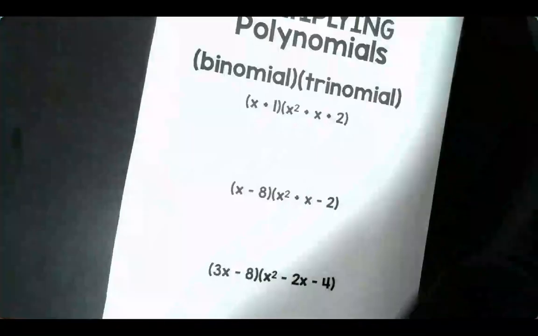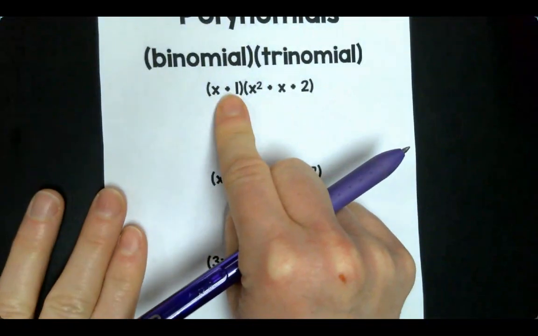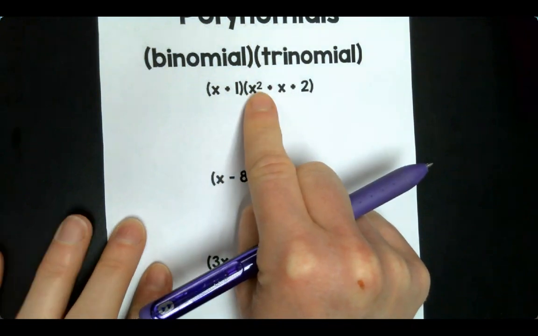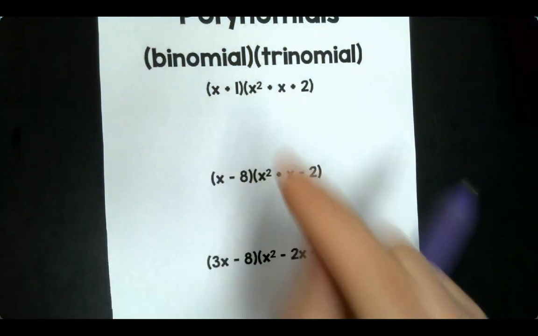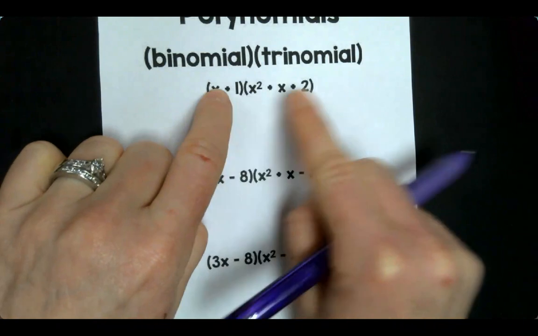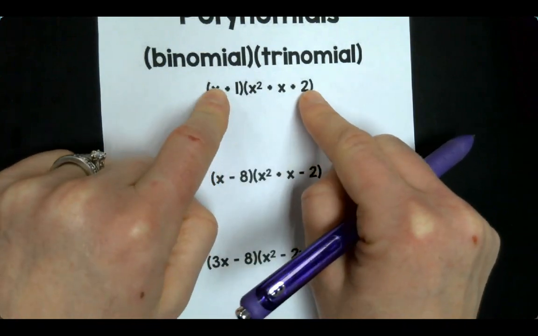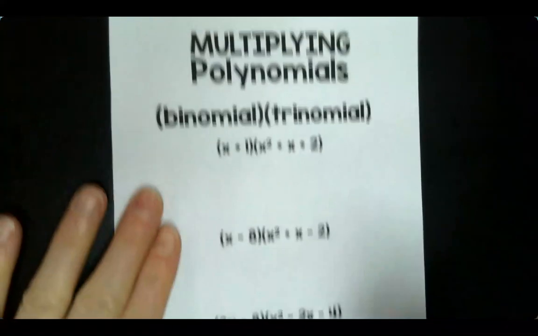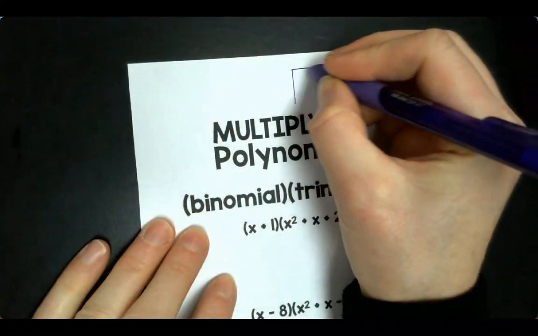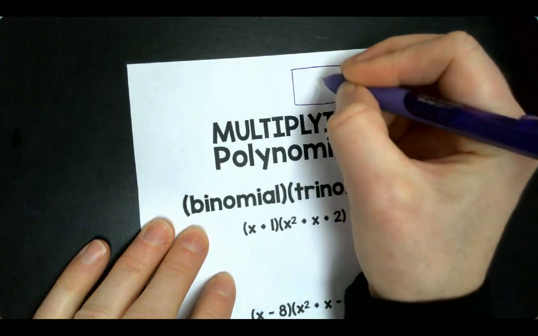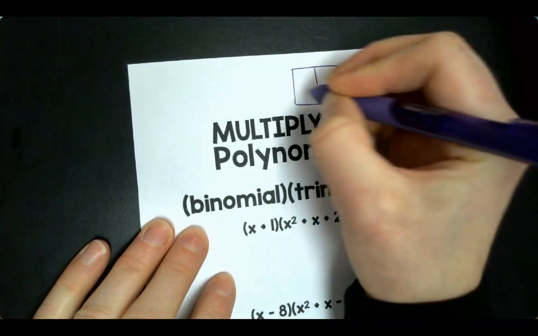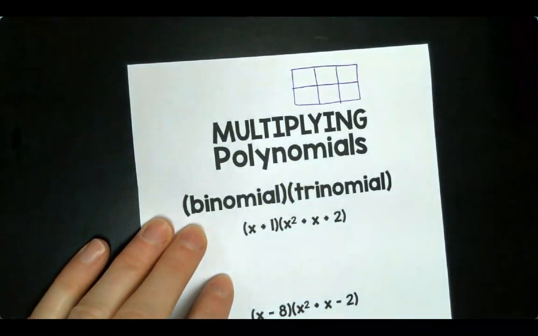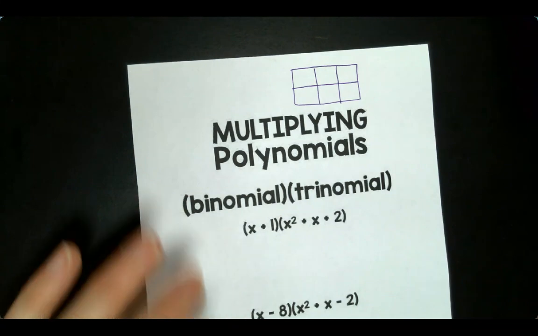So now what we're going to do is multiply a binomial, which is 2-term, multiplied times a trinomial, which is a 3-term. So this is a 2 by 3, meaning we're going to have a 2 by 3 box. We could do it 2 different ways. We could do it like this. Go ahead and draw it.